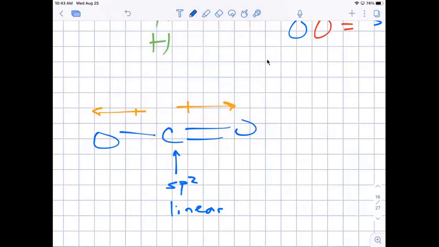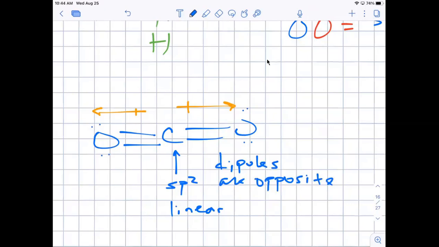All right, did that answer your question? Yes. Okay, great. Right, so sp2 is linear, but look at the dipoles. They're both going opposite directions, yes? What do you think that means for the overall dipole?